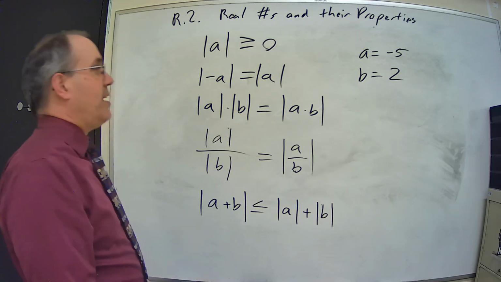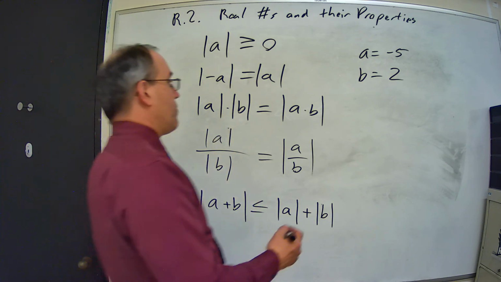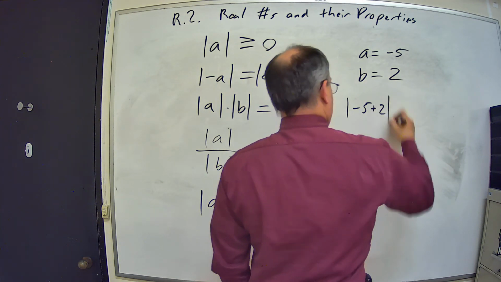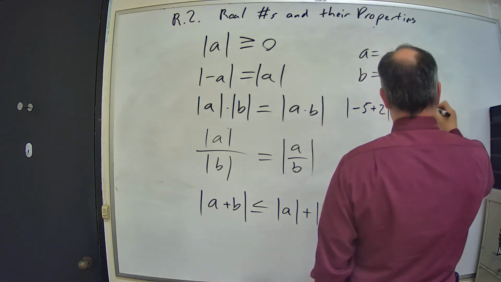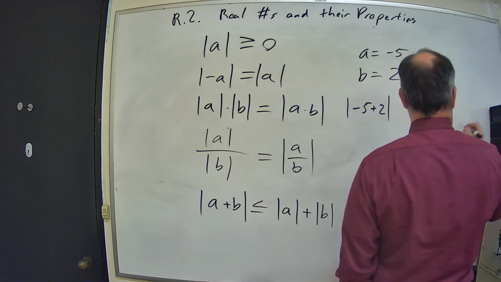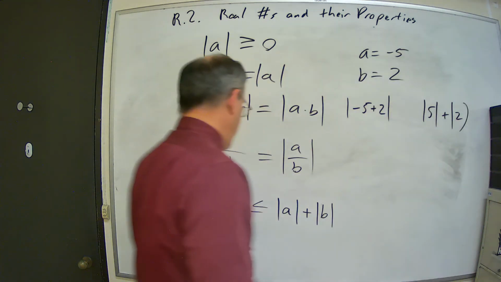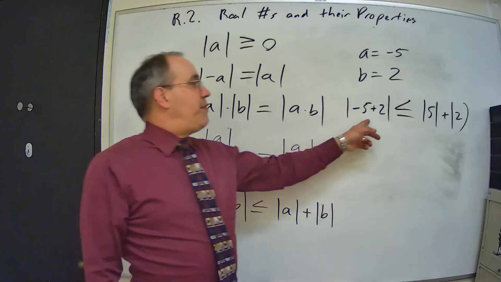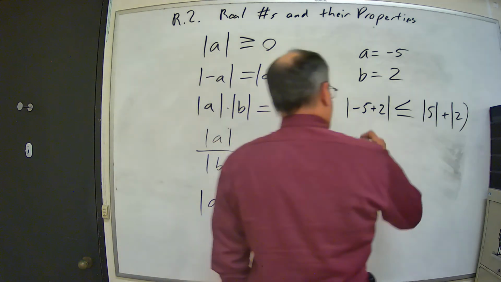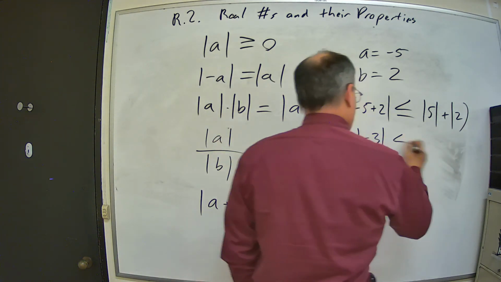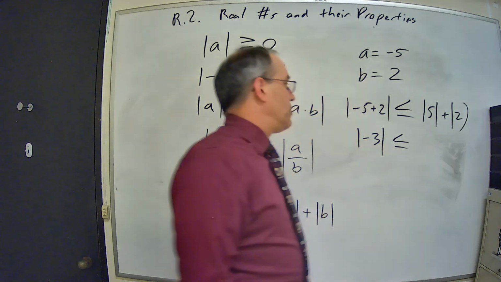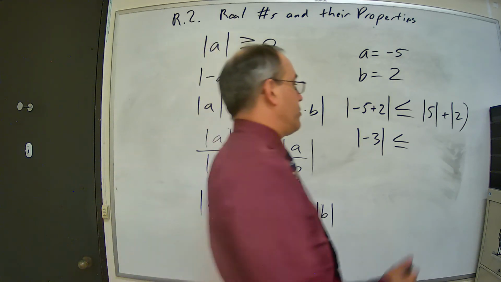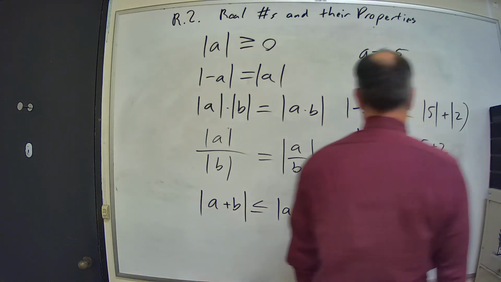So if A is equal to -5 and B is equal to 2, then I have the absolute value of -5 plus 2, and we're saying that it's going to be less than or equal to the absolute value of -5 plus the absolute value of 2. -5 plus 2 gives me -3, so I have the absolute value of -3 less than or equal to 5 plus 2.